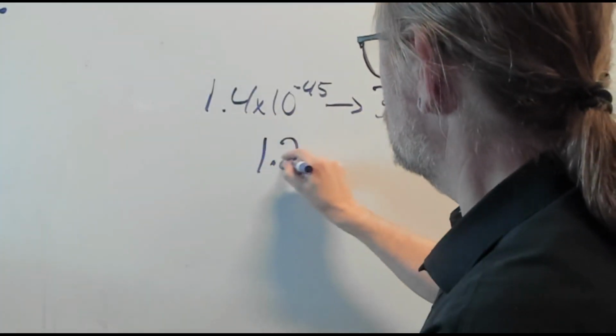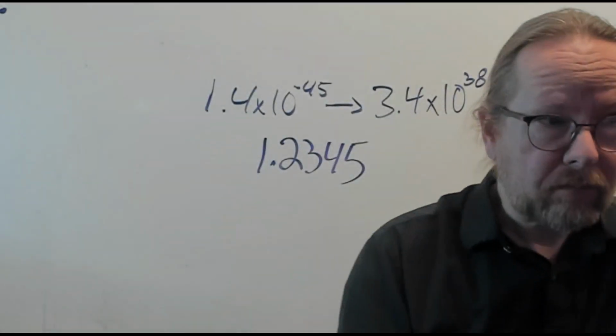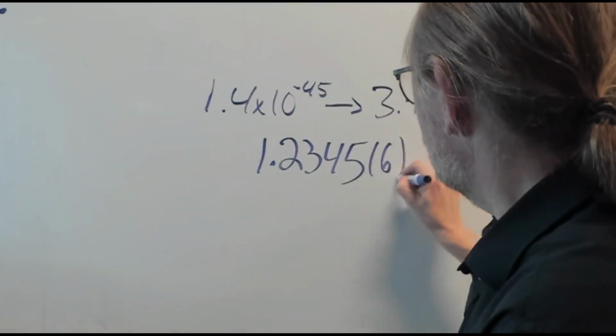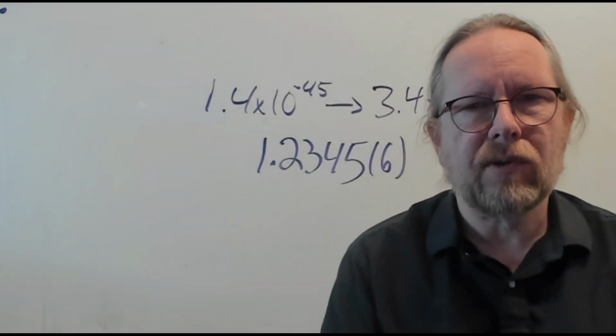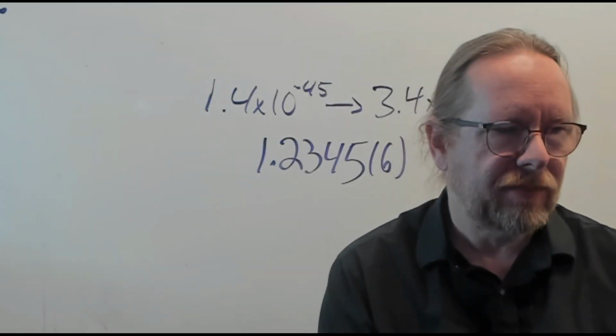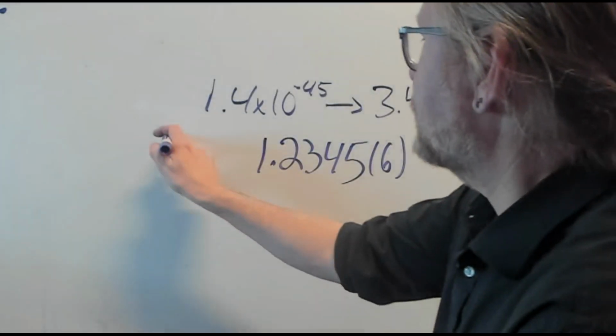So 1.234. That's not very many. Why does it say 6 or 7 digits? Because it depends on if you're in decimal or binary fractions. That's the float.